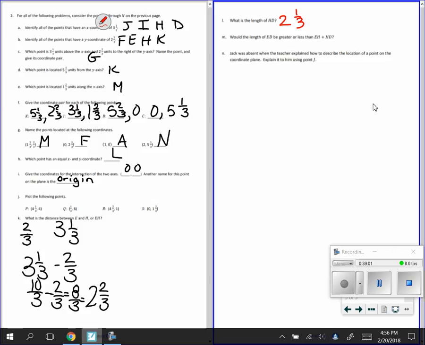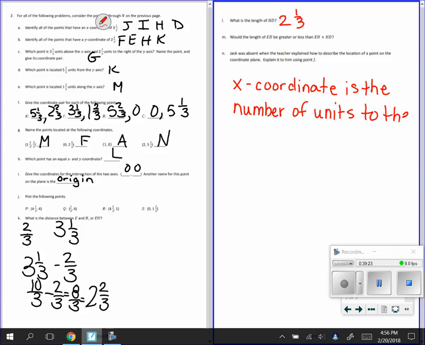So one thing is the X coordinate is the number of units to the right.